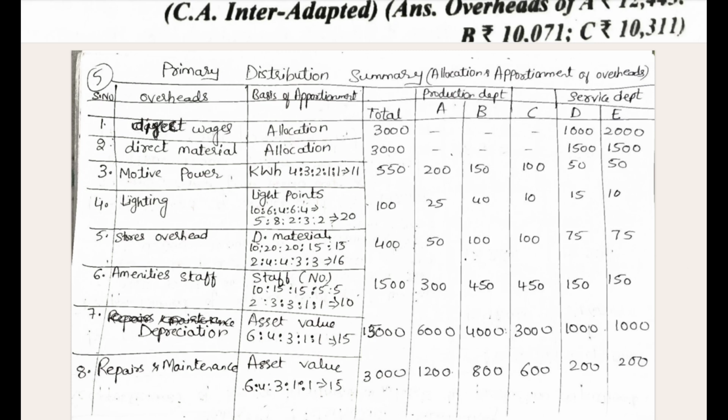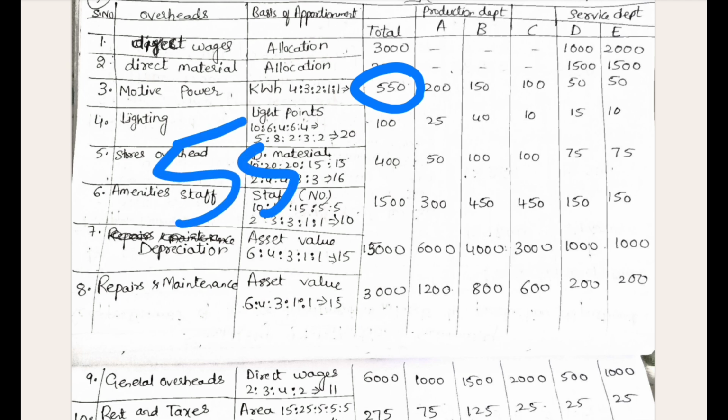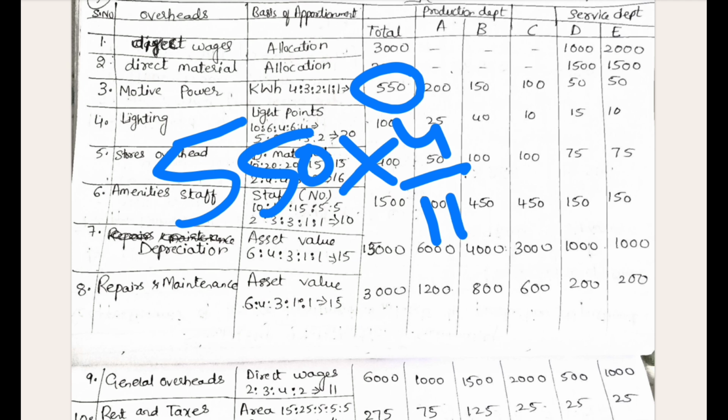So what is the ratio? 4:3:2:1:1. Total is 11. The total expenses of motive power is 550, and the total of the ratio is 11. So how to distribute? See here, 550 into 4/11, for production department A you will get 200. In the same way 550 into 3/11, you just have to change the numerator.